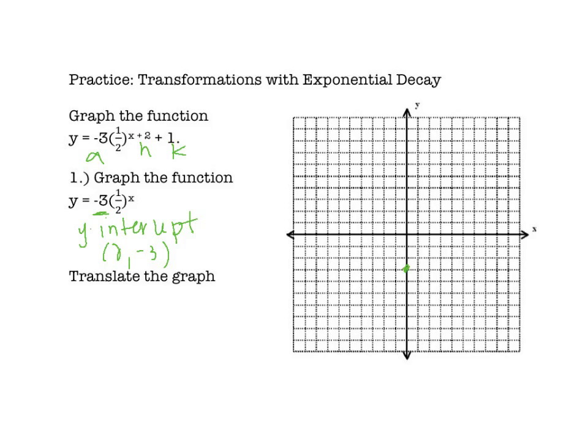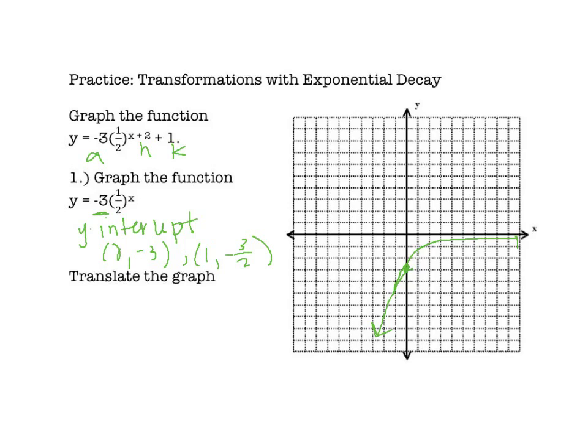So another point that I could plot would be 1 for x, -3/2 as the y value. And I know that this will approach an asymptote of y equals 0, and we'll continue to curve down toward negative infinity. Just double check that, because our a value is negative, it's inverted about the x-axis.